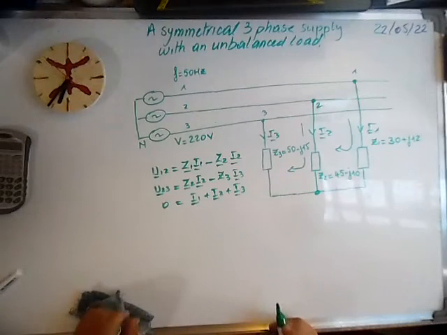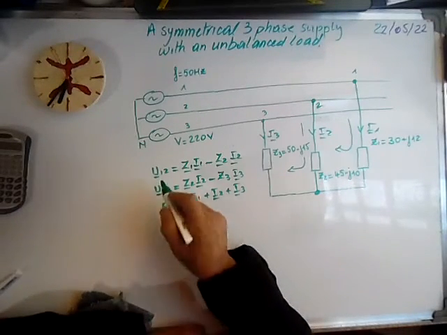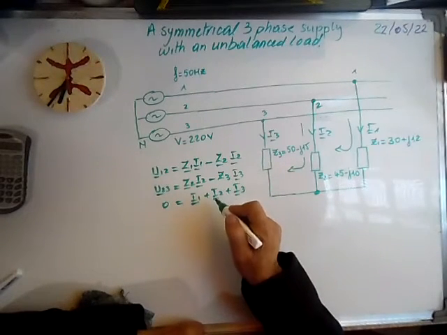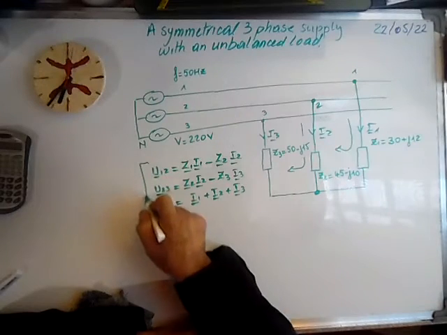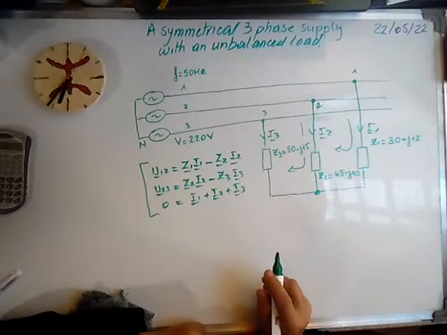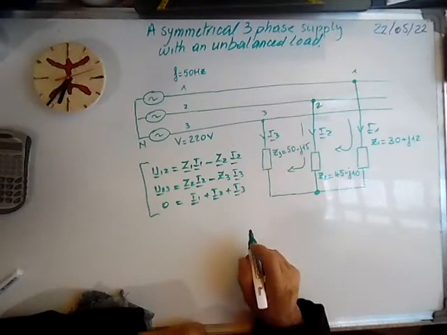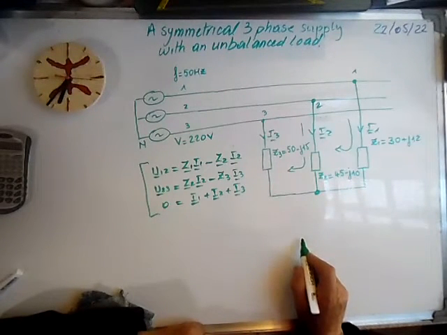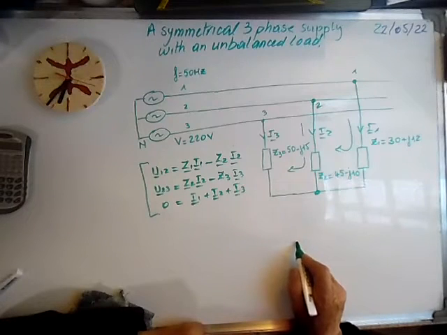We have a system of three equations, a linear system of equations with three unknowns, and we try to solve it by the determinant method. So the first thing to do is to calculate the line voltages.